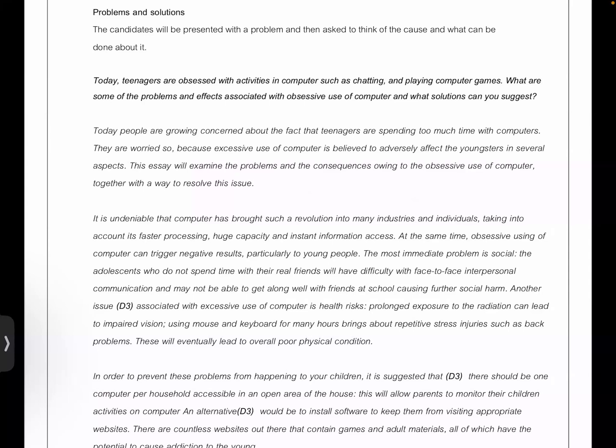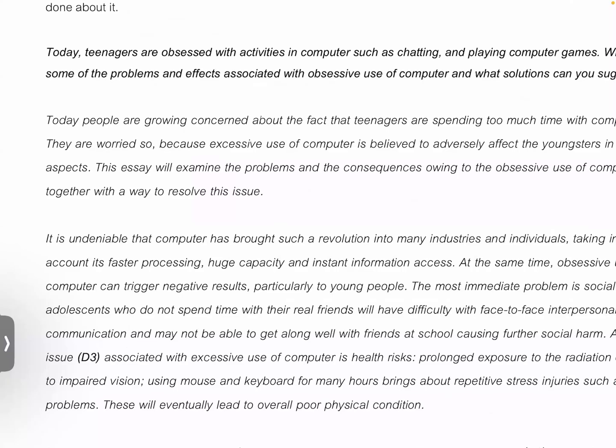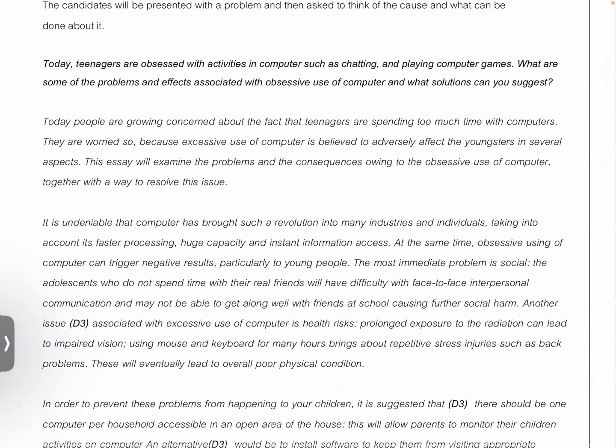Okay, so let's have a look at the question. Today, teenagers are obsessed with activities in computer, such as chatting, playing computer games. What are some of the problems and effects associated with obsessive use of computer, and what solutions can you suggest? All right, so it gives you the situation, which seems to be a problematic one. So teenagers spend too much time. Obsessed means they spend too much time on computer.